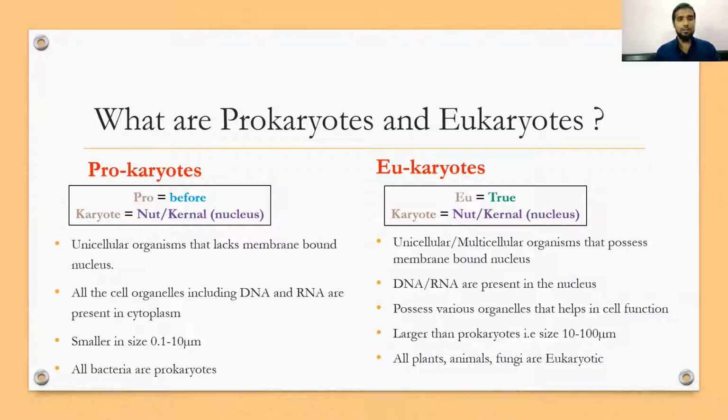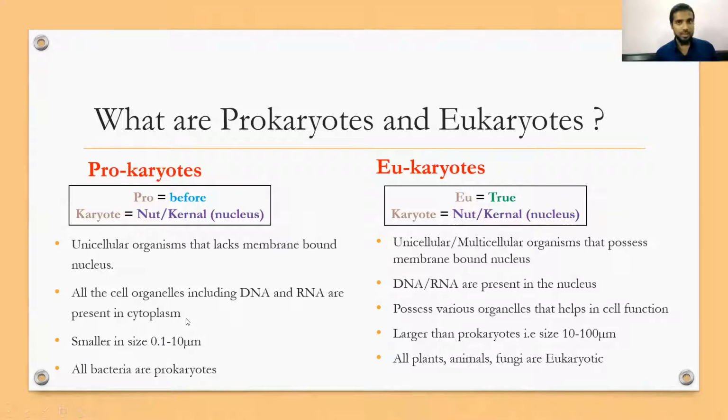So we'll see the different characteristics of prokaryotes. First, these are unicellular organisms that lack a membrane bound nucleus. We have just discussed it: before nucleus, that means before nuclear membrane. Next, all cell organelles including DNA and RNA are present in the cytoplasm.